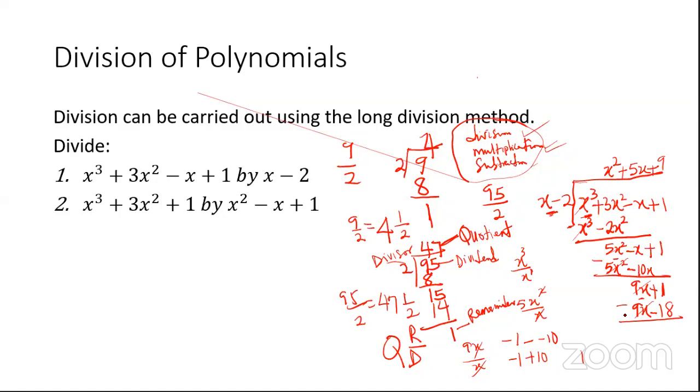Then 1 minus minus 18, that's 1 plus 18, which is 19. So it means this is our quotient. When you divide x raised power 3 plus 3x squared minus x plus 1 by x minus 2, this is our quotient, and 19 is our remainder, while x minus 2 is our divisor.